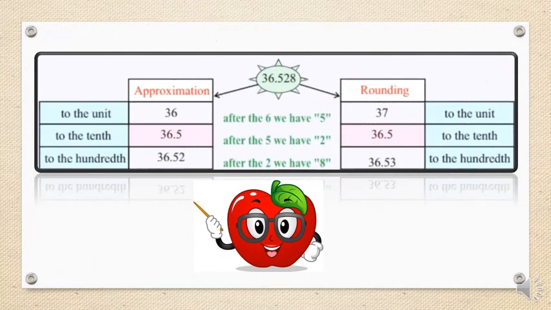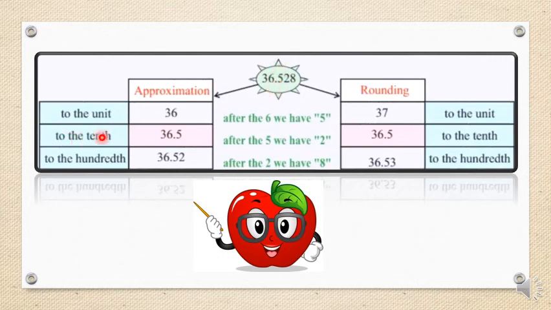Now let's wrap up the explained ideas. We talked about approximation and rounding of a decimal number. We said that approximation of a decimal number is to cut this decimal number at the indicated digit. Like here, we have to approximate the number to the unit, so we cut this decimal number at its unit digit, so it will be 36.